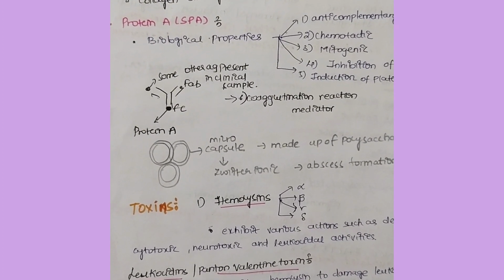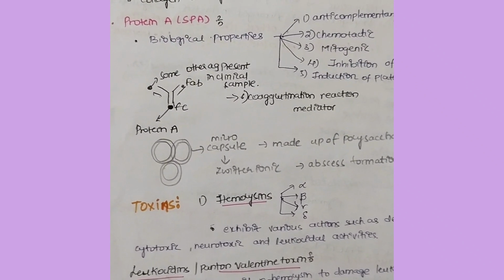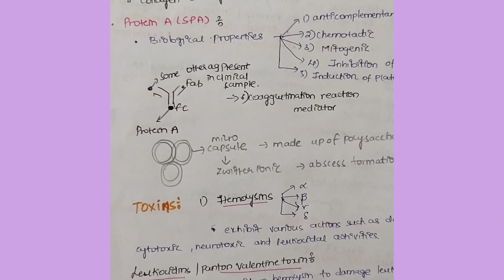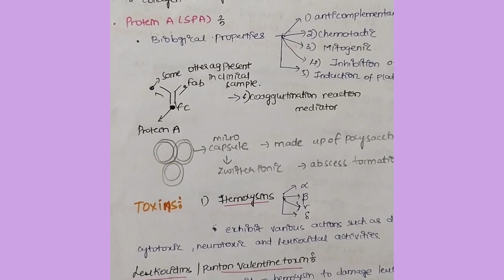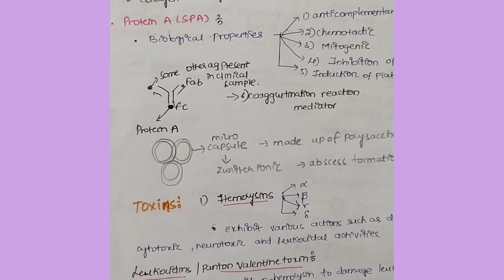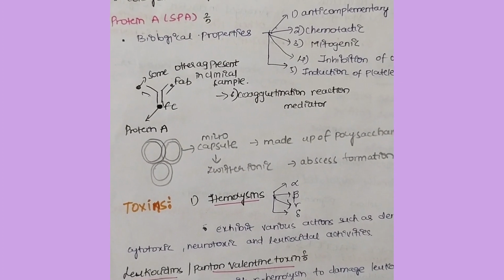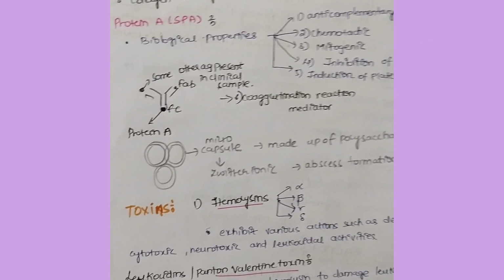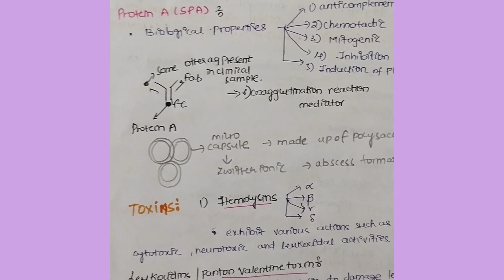It binds with the Fc portion of the IgG antibody, so the remaining Fab portion of the antibody remains vacant. This Fab will bind to other antigens present in the same clinical sample. So protein A is known as the coagglutination reaction mediator.